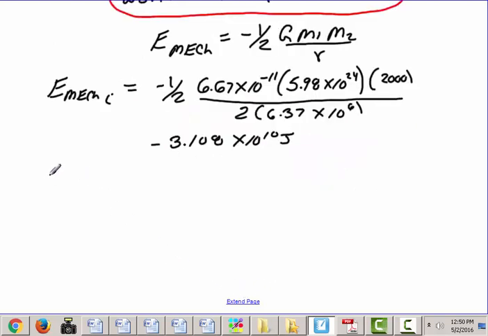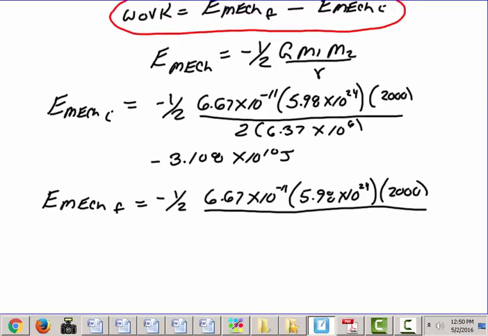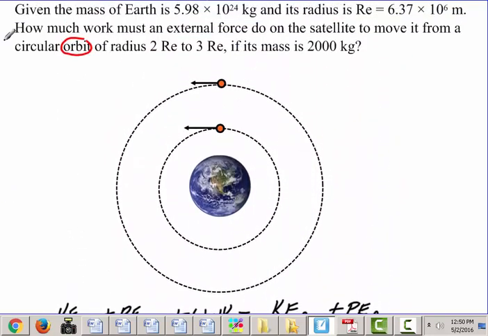Now I find my mechanical energy final. To do that, I do minus 1/2 times 6.67 times 10 to the minus 11th times 5.98 times 10 to the 24th times 2,000, divided by my new radius, which is 3 RE.